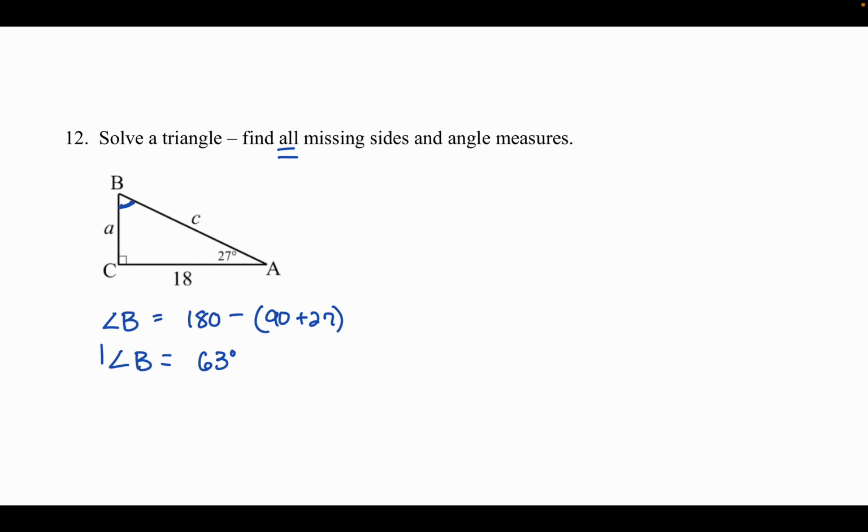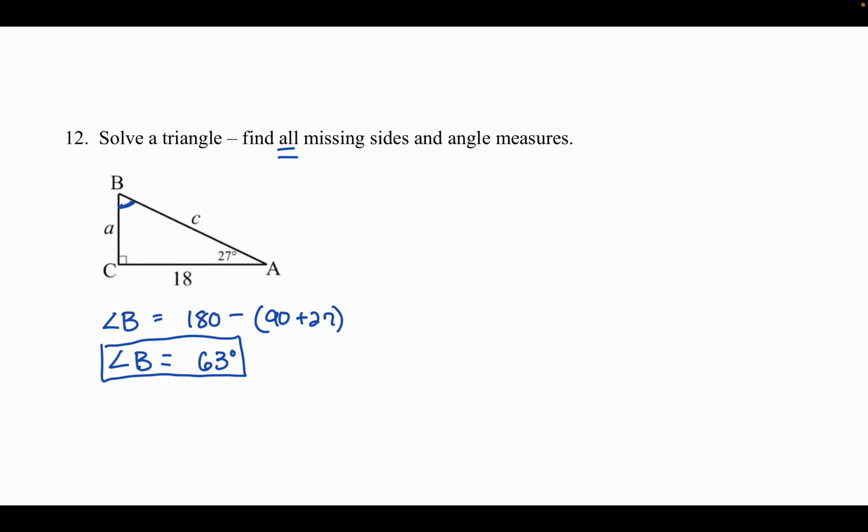Okay, so that's one of my missing values. I'm going to solve for A. You could solve for C or A. I'm going to use that angle of 27 degrees, and the side length 18.